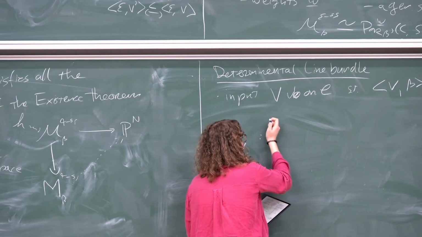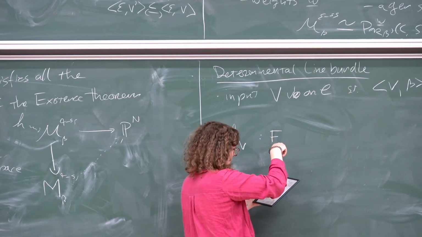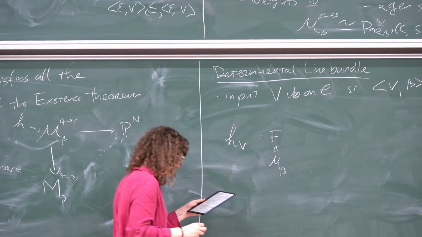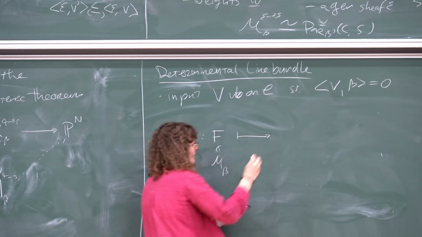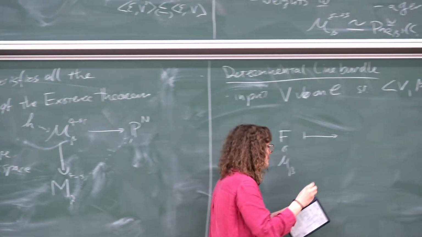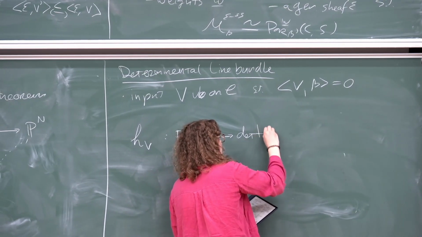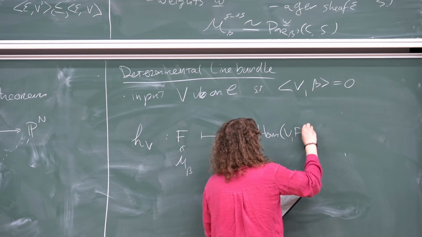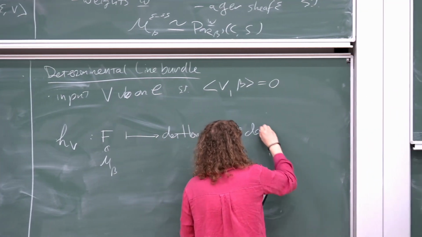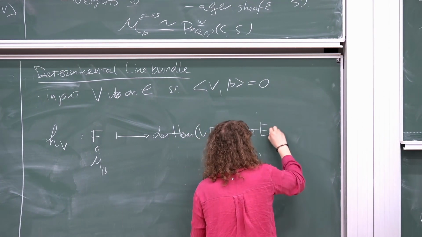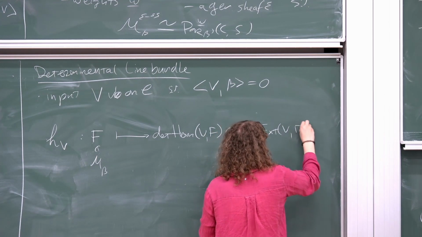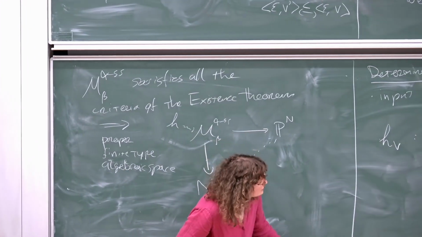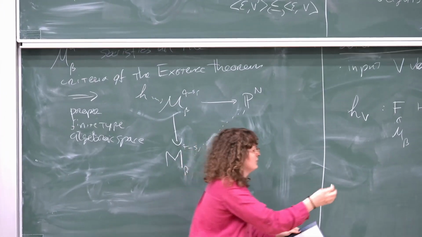So say I have some bundle F inside of M^β, then I provide for you a one-dimensional vector space, which is the determinant of a certain complex. What is the complex?